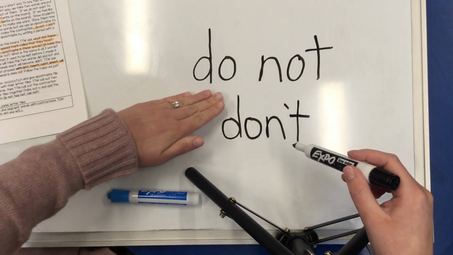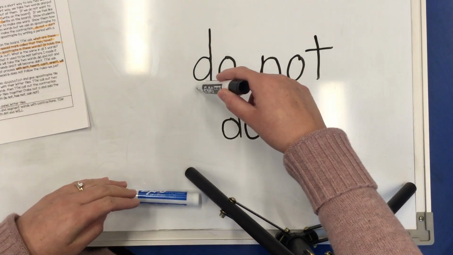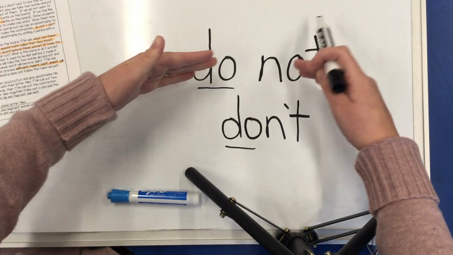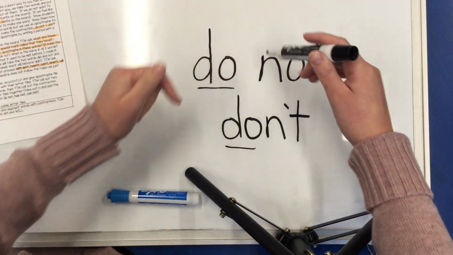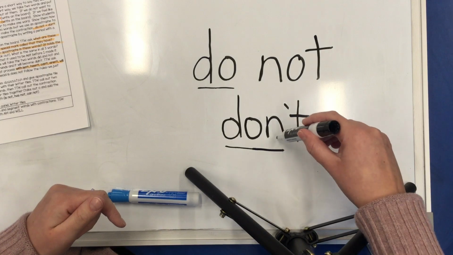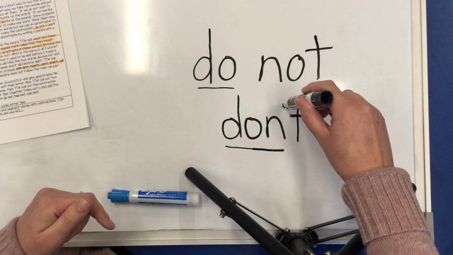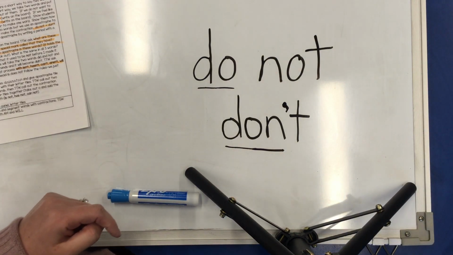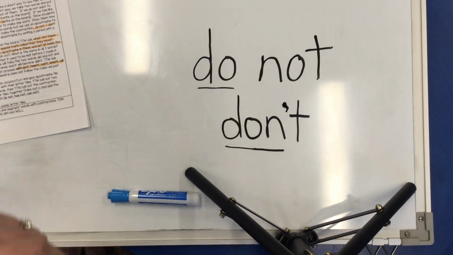What I did was the first word always stays the same. You see how these letters stay the same. And then like I said, I'm smushing them together. So here's the N over here, but look what's right here. This little thing right here, what is that? This is called an apostrophe, okay?